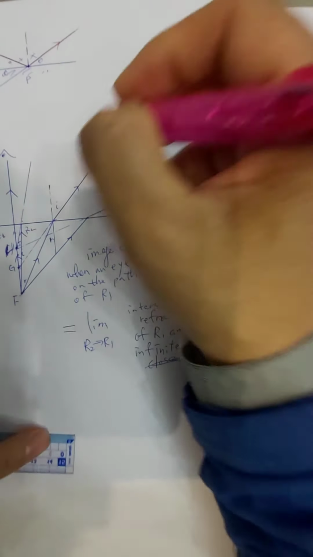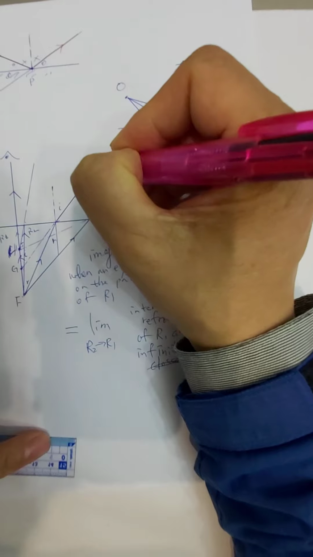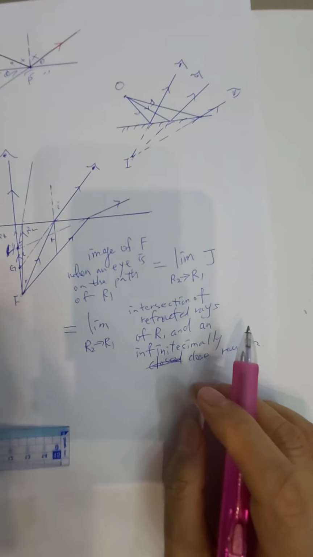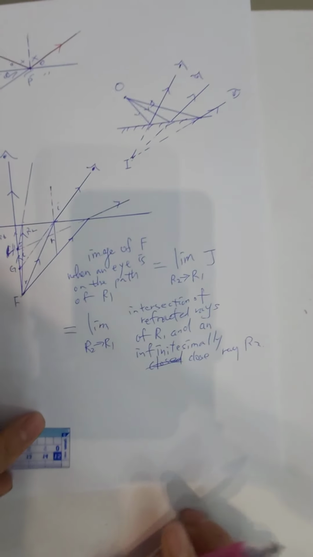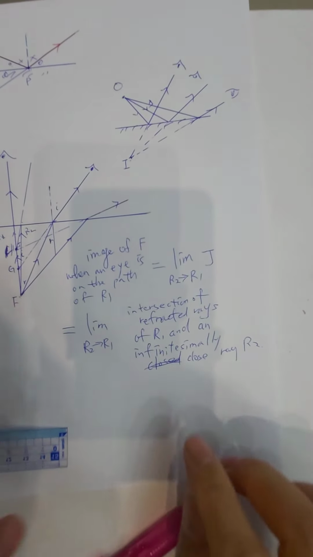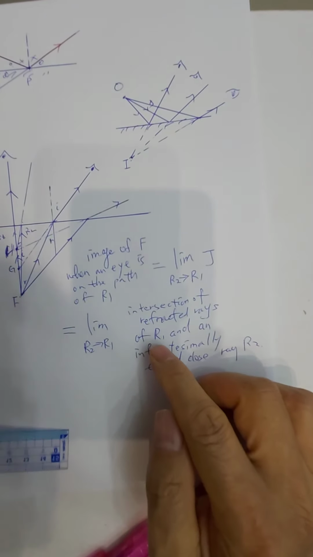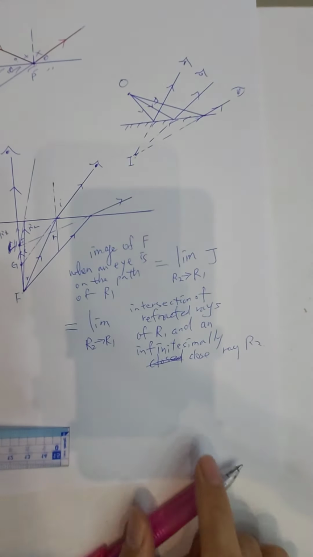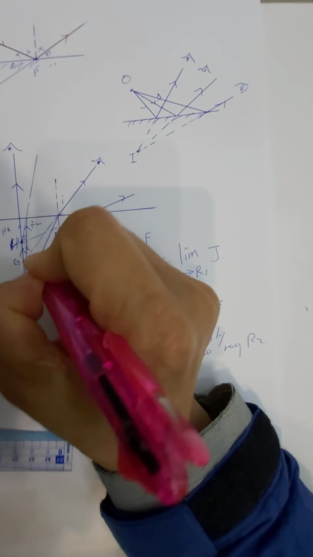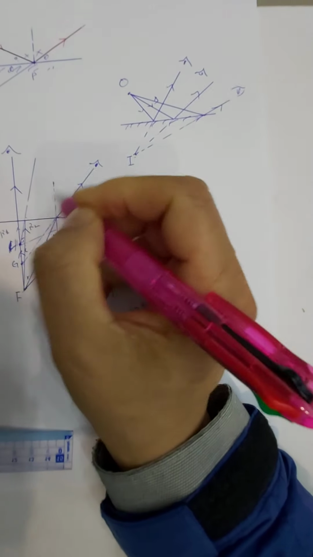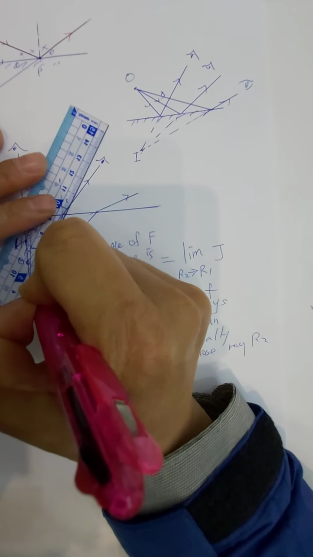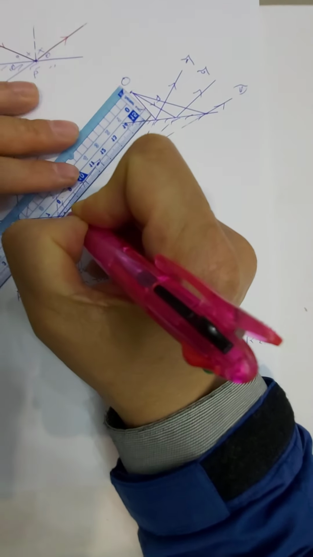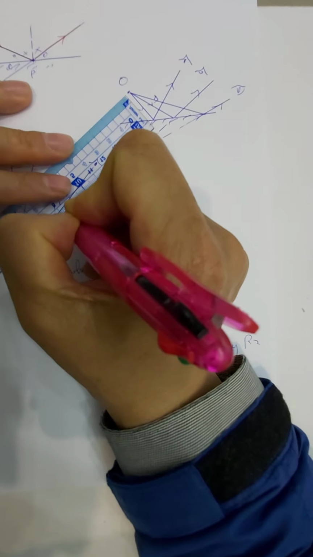Similarly, if we put the eye here, well, this is in fact, in layman's language, the intersection of the refracted ray of R1 and a very close ray R2. So similarly, if this is ray R3, what is the image? We choose a very close ray R4 and find the refracted ray.